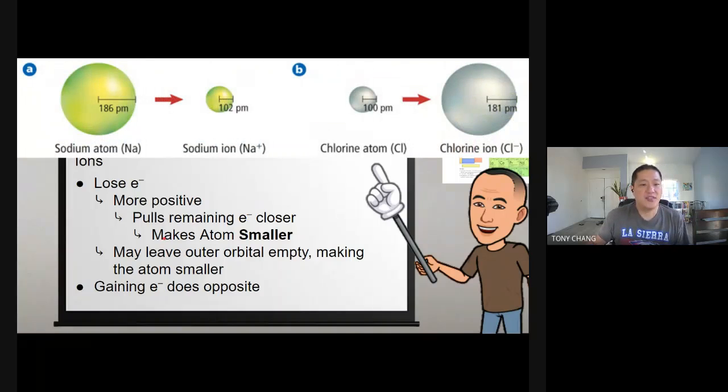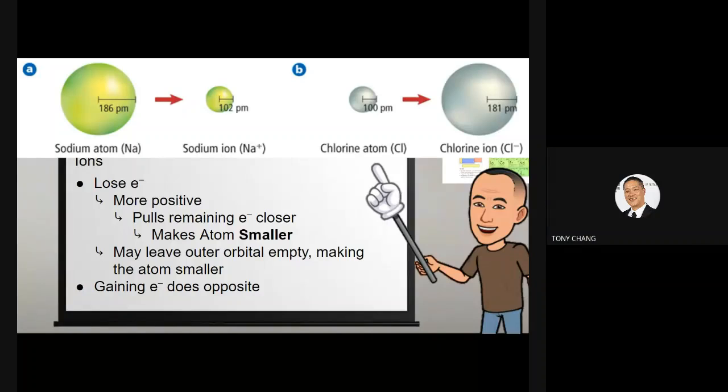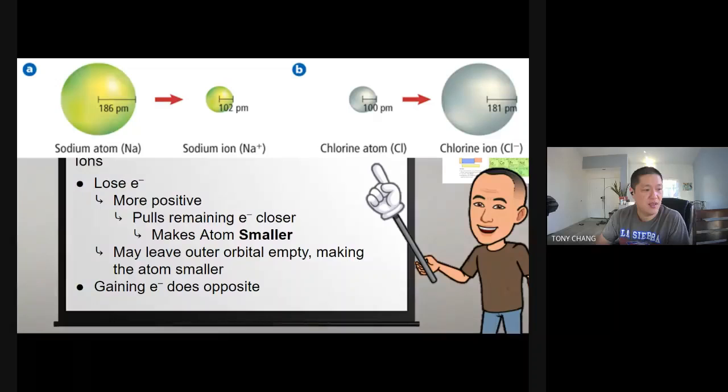And so we have sodium. Sodium atoms are going to shrink in size when it becomes an ion, because it becomes positive, it loses an electron. If it loses an electron, it becomes more positive.